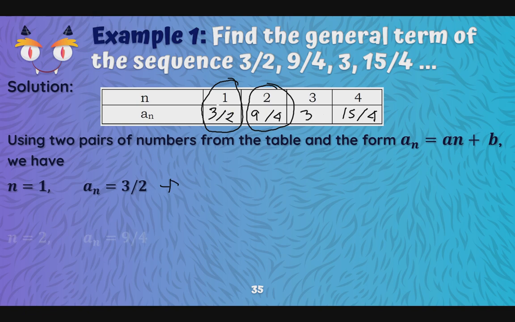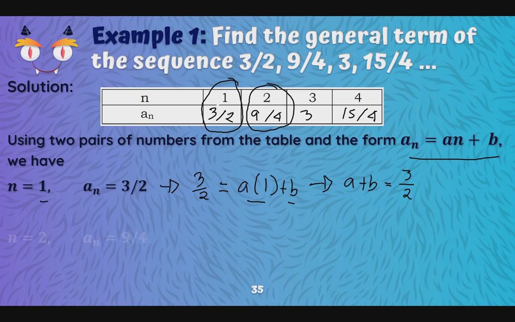By substituting into these equations, we will have a sub n, 3 over 2, is equal to a times n, which is 1, plus b. And we can rewrite this as a times 1 is a, plus b, is equal to 3 halves.